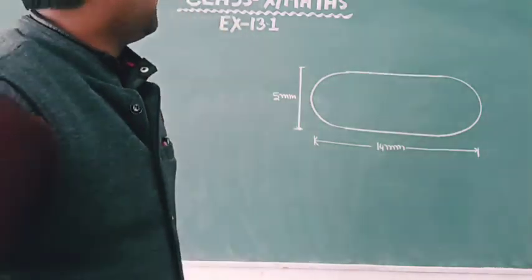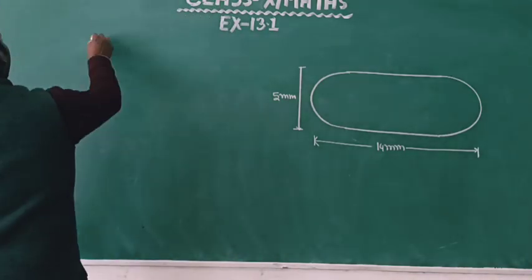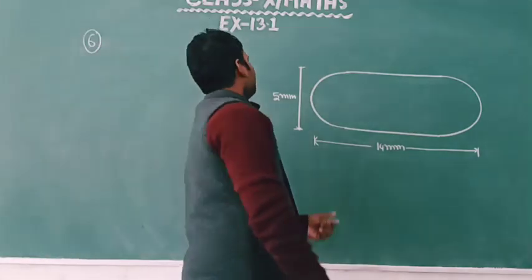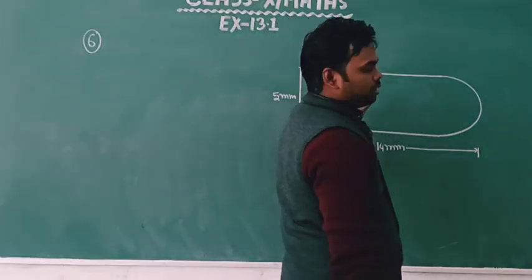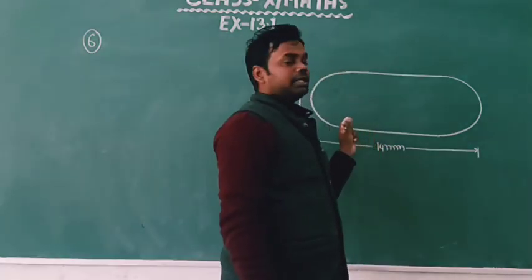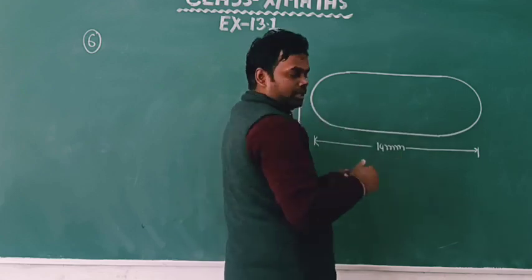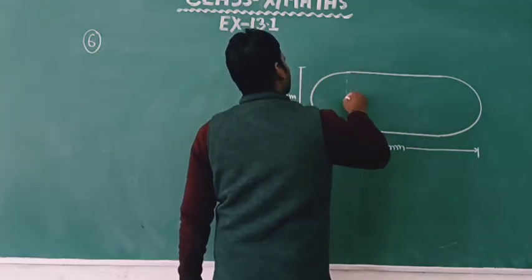So this is the figure of the medicine capsule. From the figure it is clear that the diameter of the hemispherical part is equal to the diameter of the cylindrical part, because we have a cylinder with two hemispheres stuck at each end.